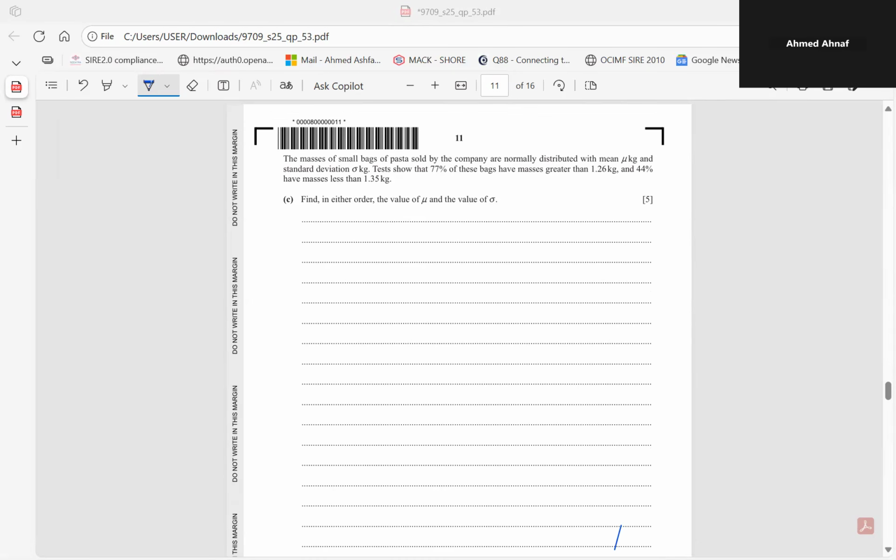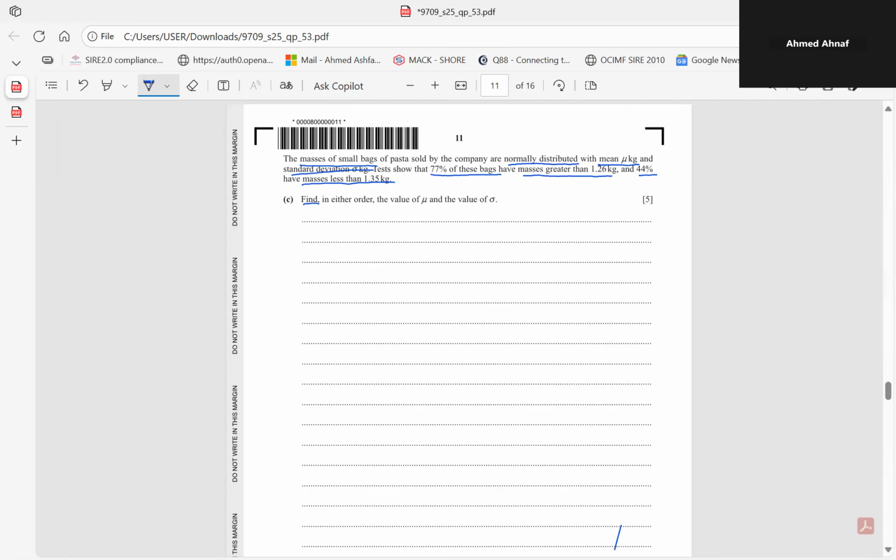Okay, so here we're told that the masses of small bags of pasta sold by the company are normally distributed with mean mu kg and standard deviation sigma kg. And tests show that 77% of these bags have masses greater than 1.26, and 44% have masses less than 1.35 kg.